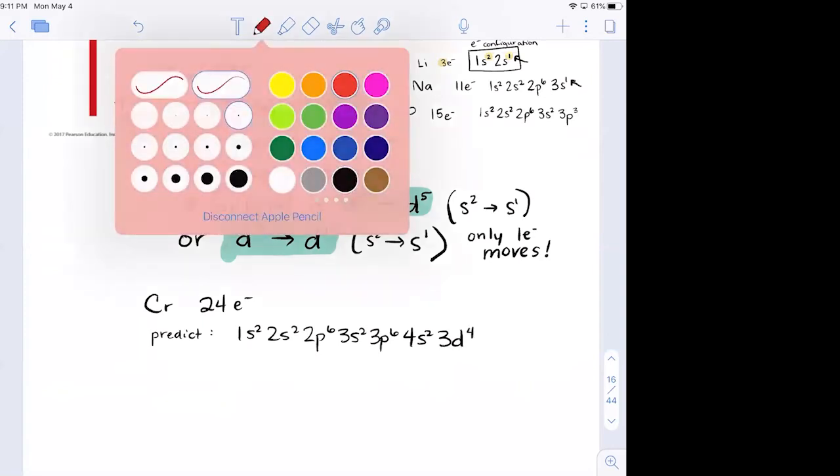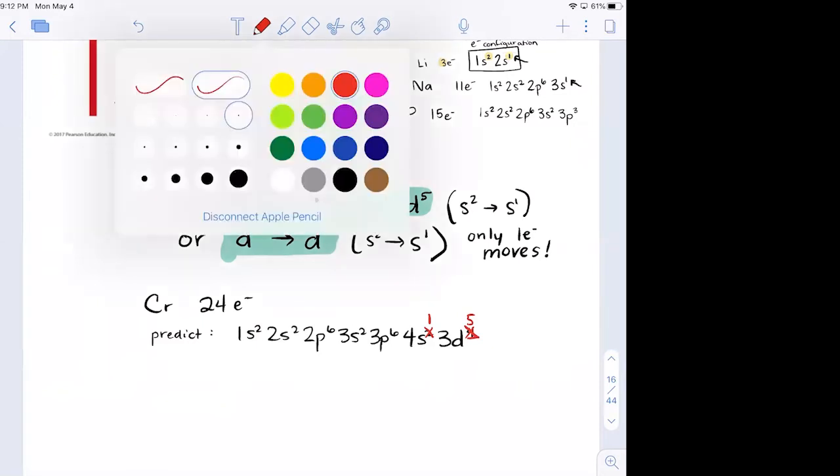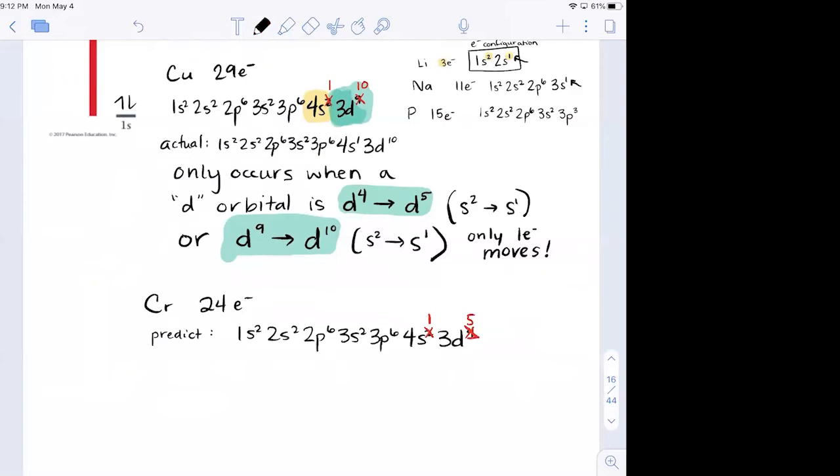And what we know happens when you see that 3d4, it's almost half filled. So scoop one electron from the previous s orbital, which would be the 4s, and pop it in that d. With the 5 and the 1.